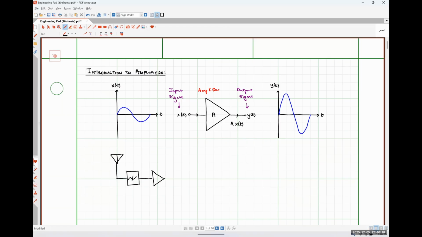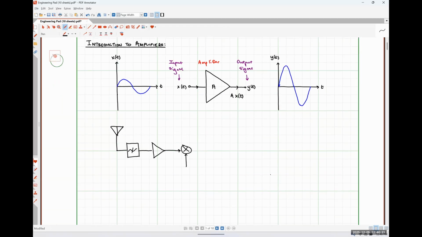So this is our radio frequency amplifier, and then this signal is then fed into a mixer, which combines our radio frequency signal with a clock signal or an oscillator signal, usually set at some specific intermediate frequency. Okay.